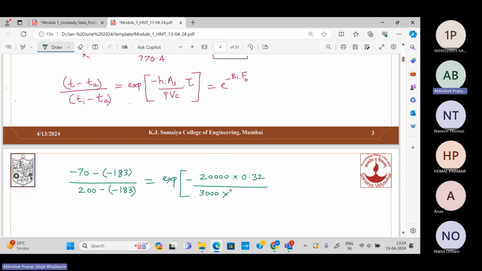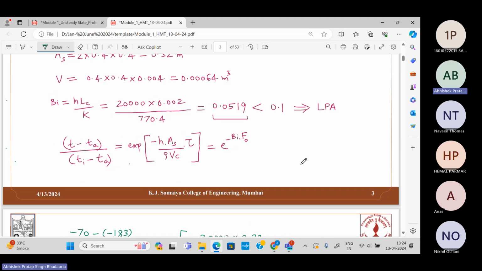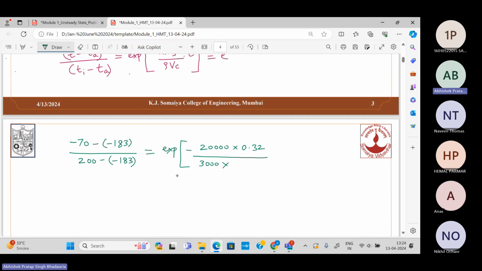Now the volume we have already calculated at the start. You can see here we have calculated the surface area, the volume, everything. So just put the value 0.00064.